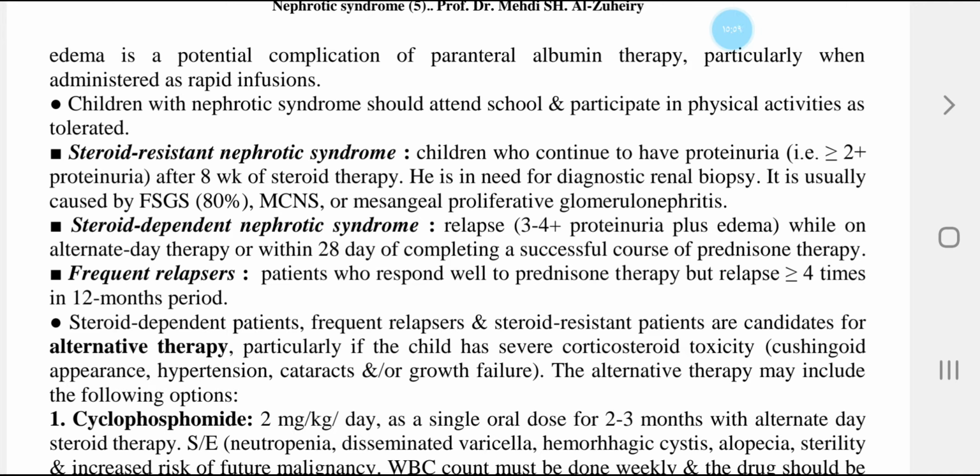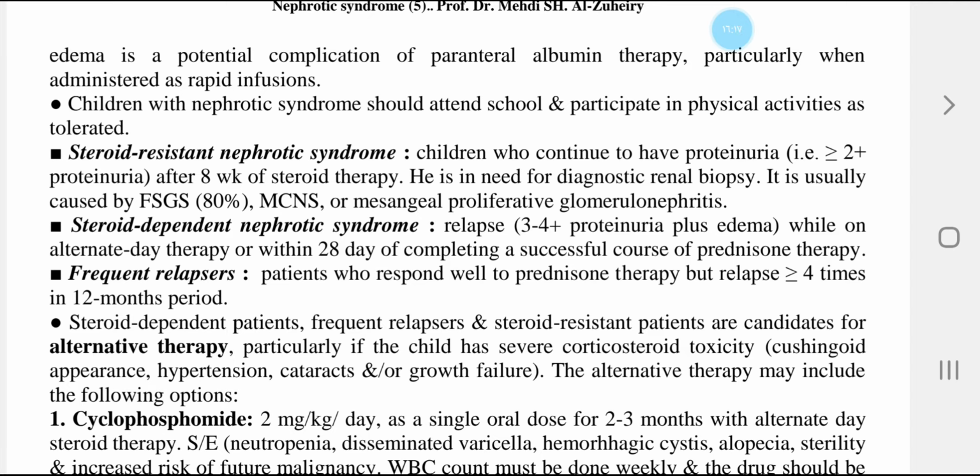Steroid-dependent patients, frequent relapsers, and steroid-resistant patients are candidates for alternative therapy, particularly if the child has severe corticosteroid toxicity like cushingoid appearance, hypertension, cataracts, and or growth failure.